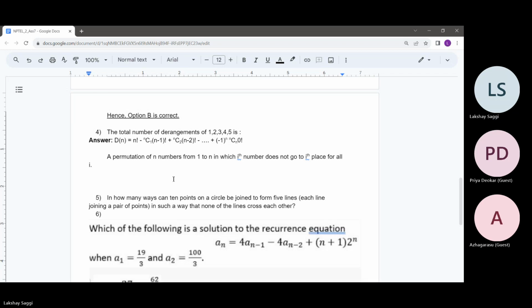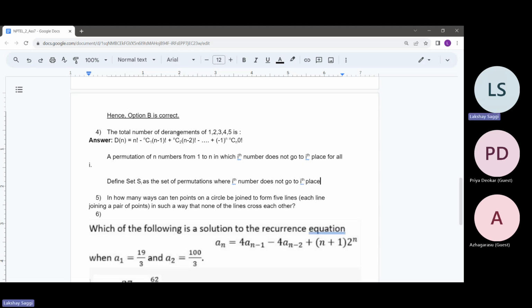Let's define Si as the set of permutations where the ith number does not go to the ith place.